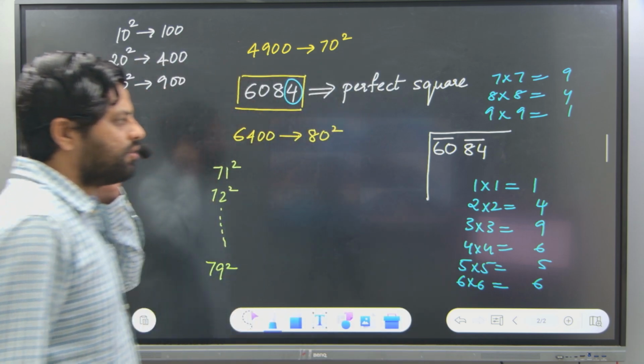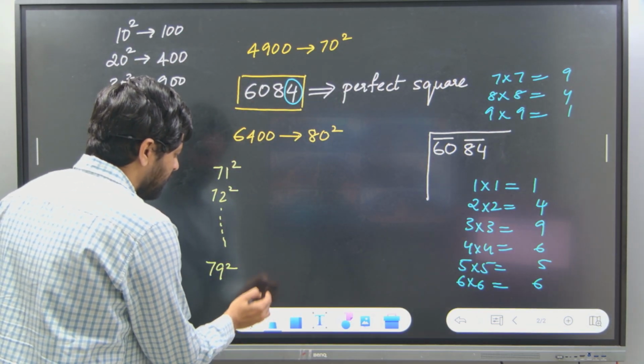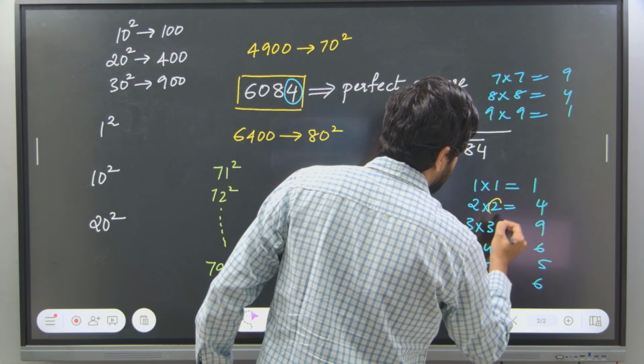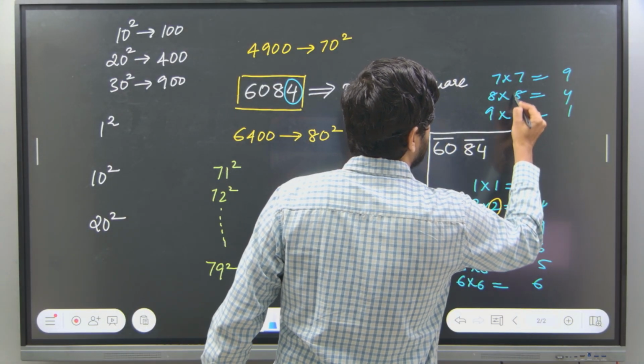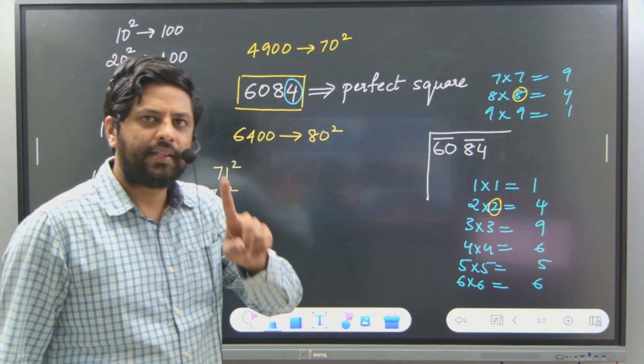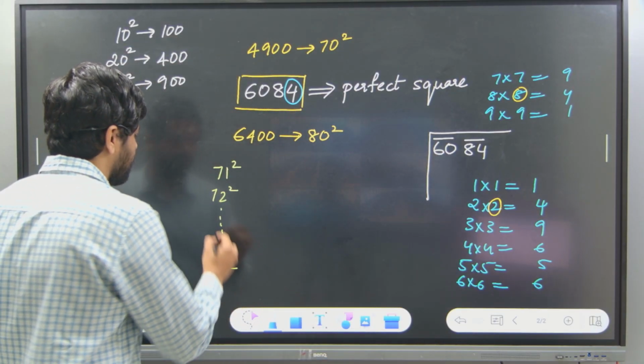And then 0. Now, if you observe, when does it end with 4? Either if it's ending with 2 or if it's ending with 8. Correct? So the answer would be either 72 square or 78 square.